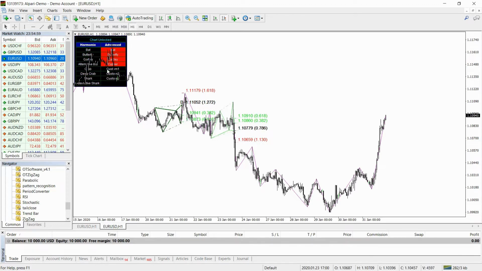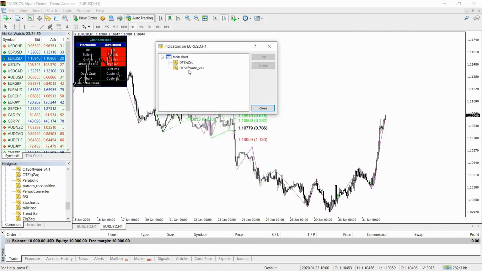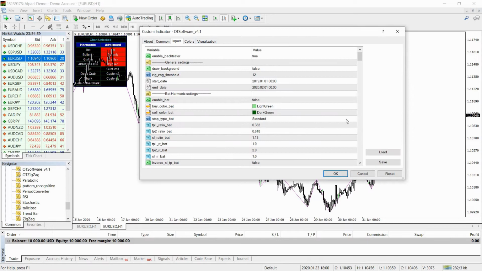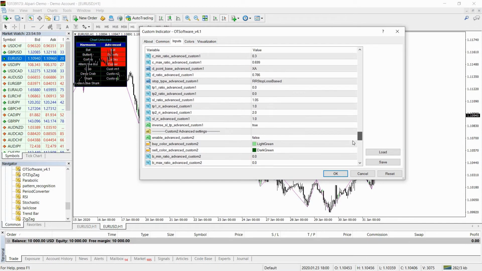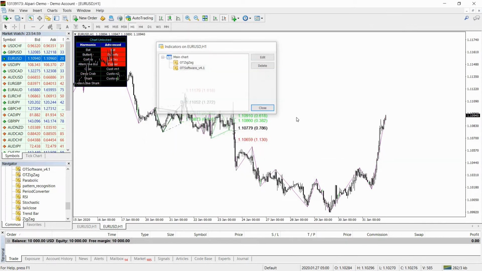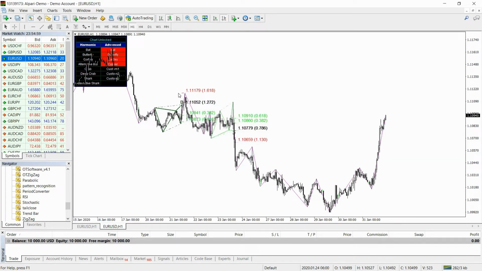You just change all of the ratios and stuff like that in the custom patterns set up in the indicator inputs. So you can change all the custom patterns inputs here, and you can trade those whichever way is most profitable to you, and that's what I've done. But for this example, bat, butterfly, Gartley, and cipher patterns, click on the pattern, record it however you want.